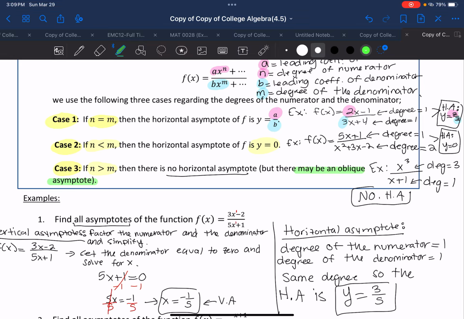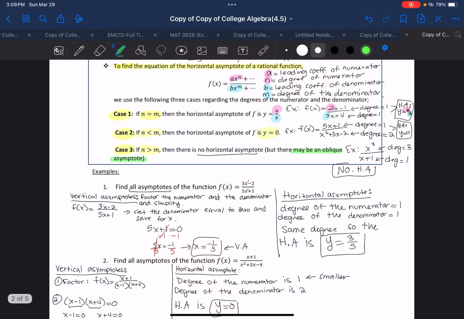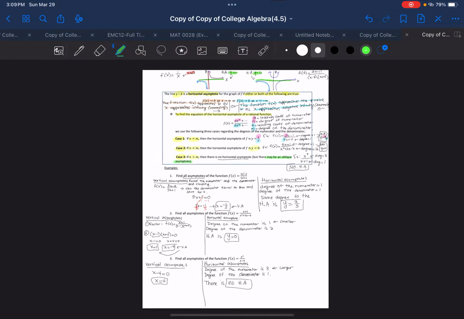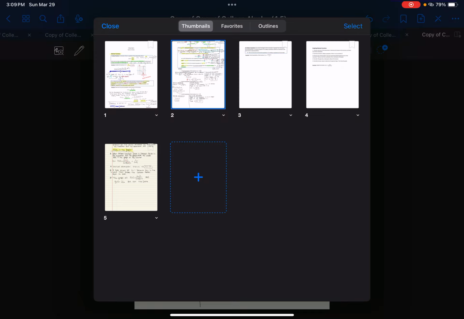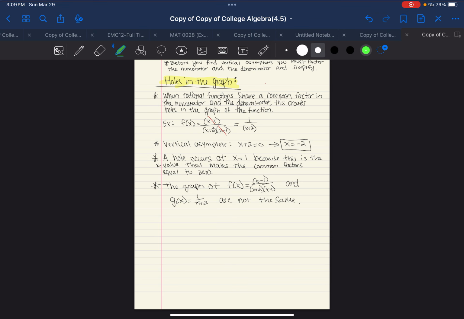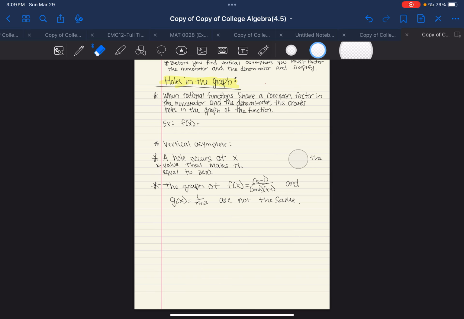And so we're going to learn what an oblique asymptote is also, but I'm probably going to save that for the next video. Before I do that, the last thing I want to talk about is something I forgot to put on the notes. So let me talk about that now.